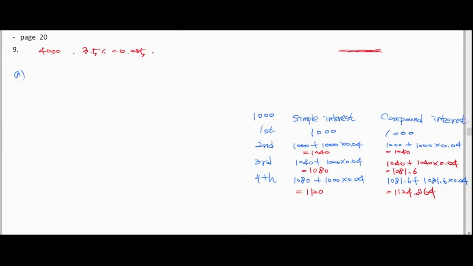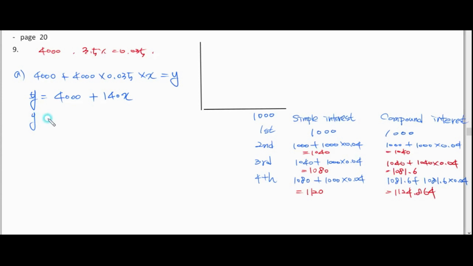Because this is simple interest, we'll write an equation for it, which is the first $4,000 as a constant plus 4,000 multiplied by 0.035x, where x is the years. So y equals 4,000 plus 140x. And now let's draw the graph using this. Because the numbers are just too big, we can get the x-intercept easily, so let's start with the y-intercept. The y-intercept will be 4,000, and right here, we'll put 4,000.